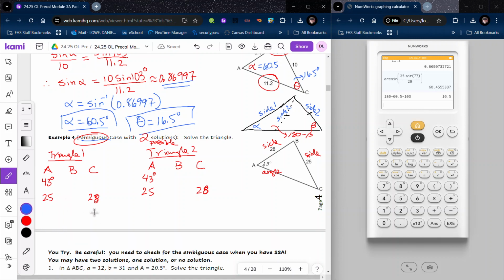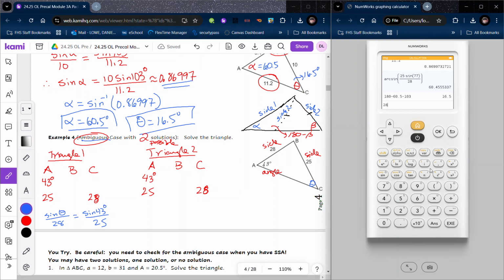Well, I know one ratio. If I call this angle here theta, I know that the sine of theta divided by 28 must be equal to the sine of 43 degrees divided by 25.